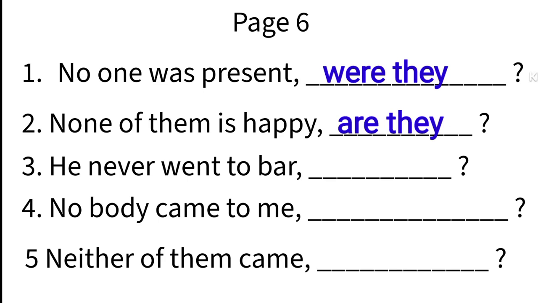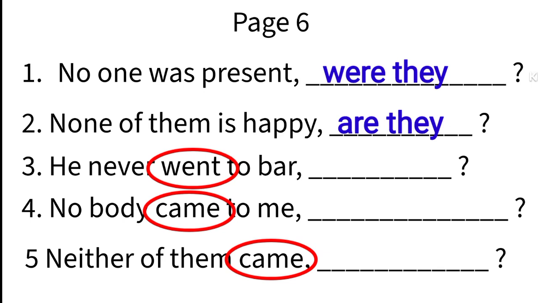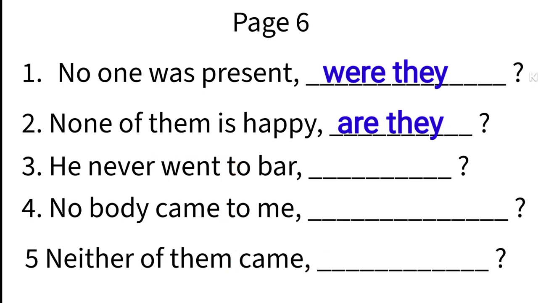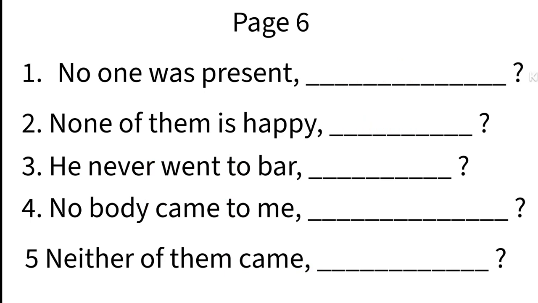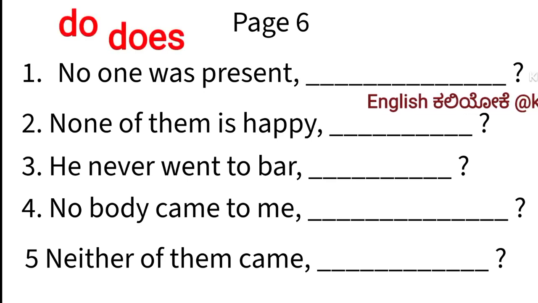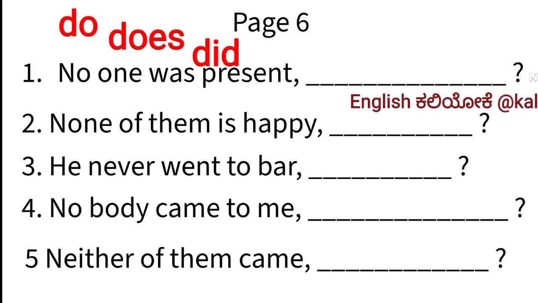We have main verb like went, came, and came. But according to the rule, a tag should have a helping verb. If it is not there, then we have to create. So, do, does, and did are the helping verbs we have to create.